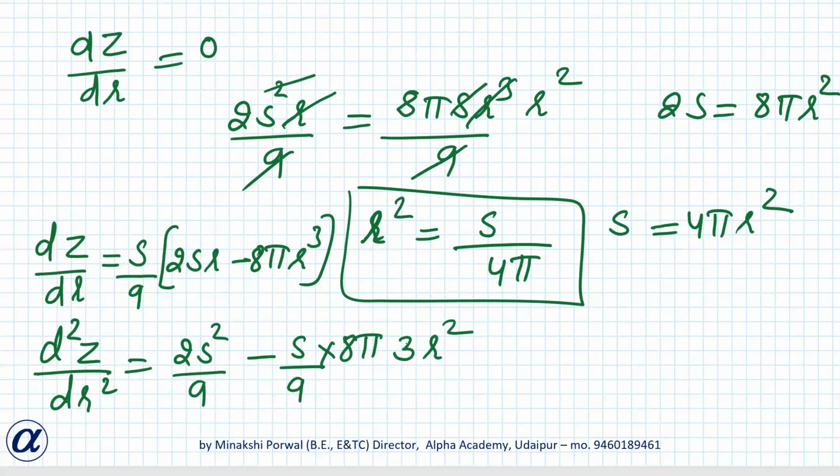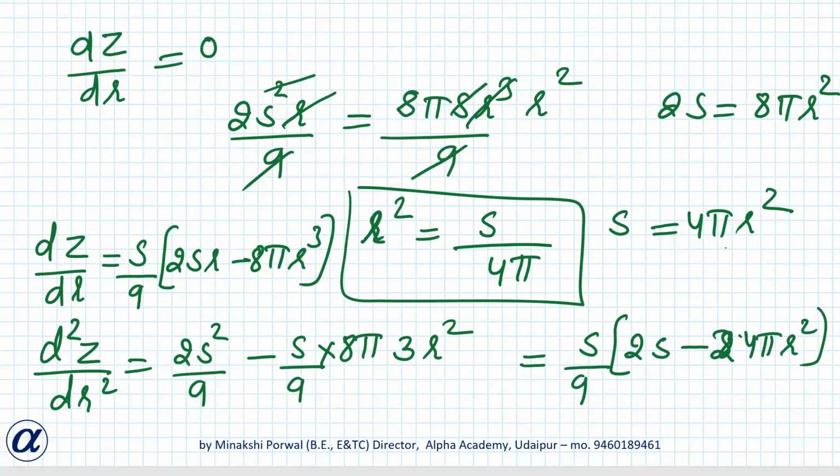If we take s by 9 common, it is 2 s minus 24 pi r square.